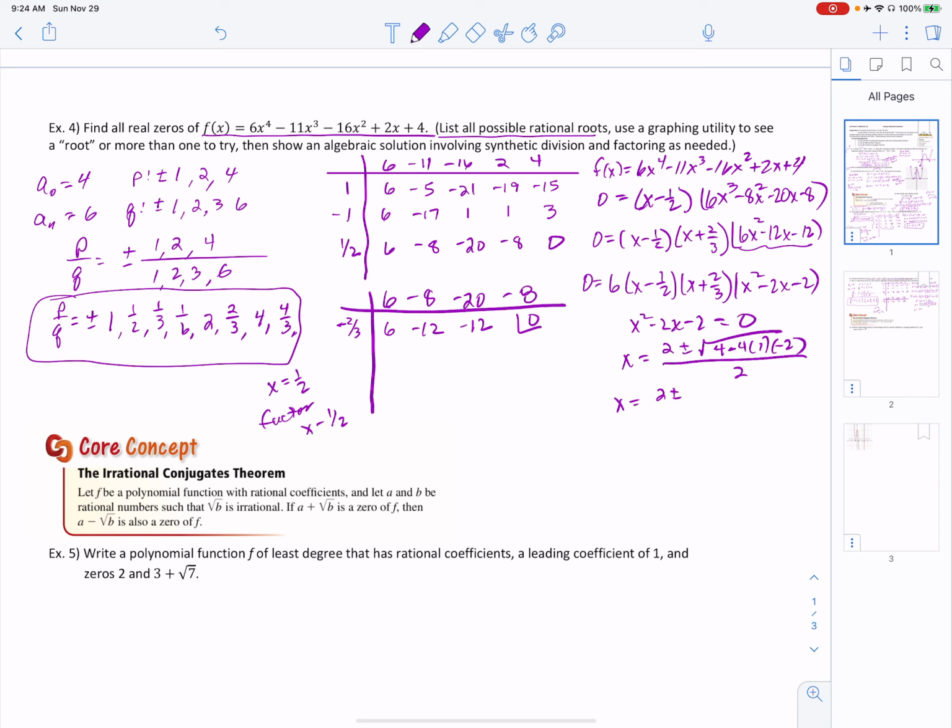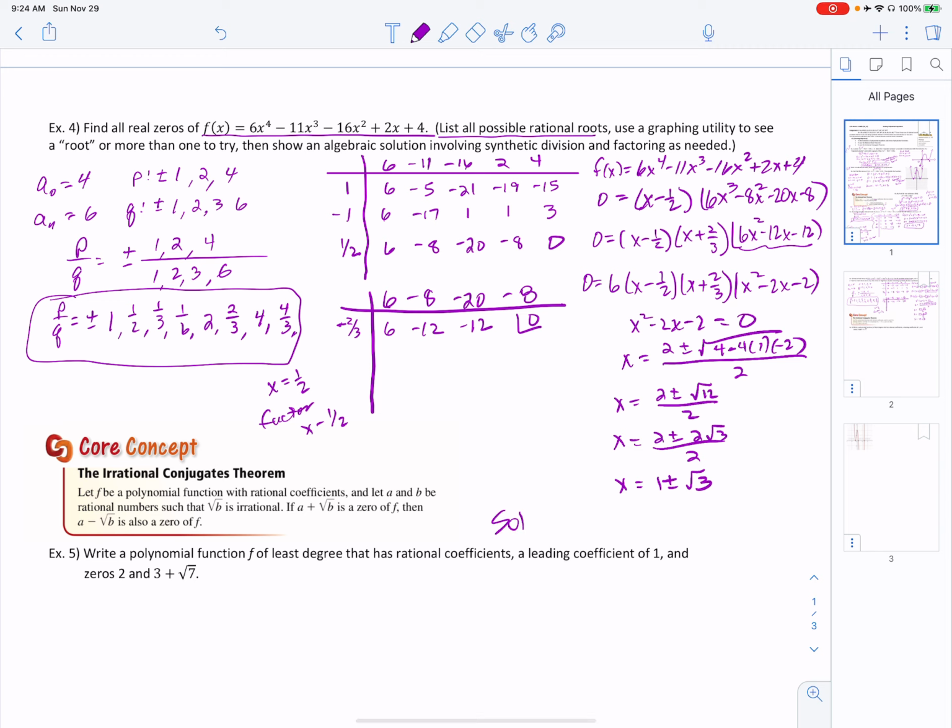And this is subtracting, so 4 plus 8 is root 12. And you have 2, that's going to be 4 times 3, or 2 root 3 over 2. So my other roots that are my real roots are 1 plus or minus root 3.